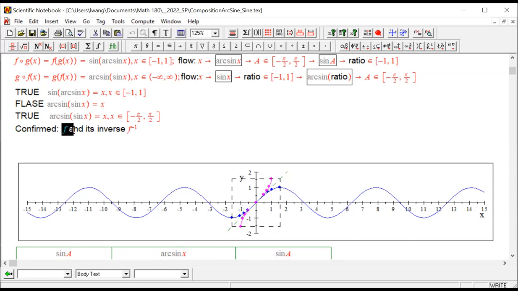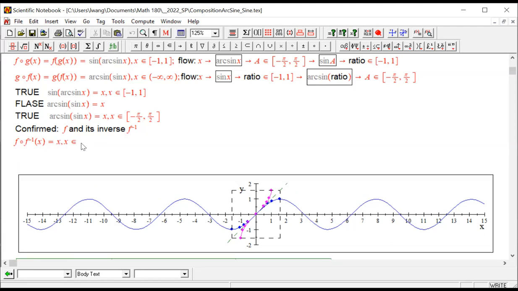If it has an inverse, its inverse will satisfy this condition. F composite F inverse of x is going to equal x, where x is from the domain of F inverse.